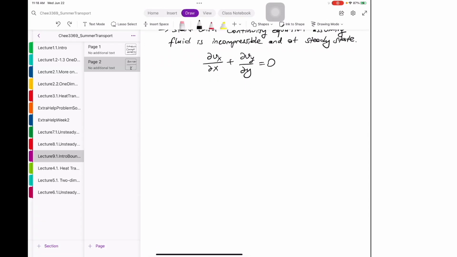Now, let's do an order of magnitude estimation. An order of magnitude estimation gives the following.